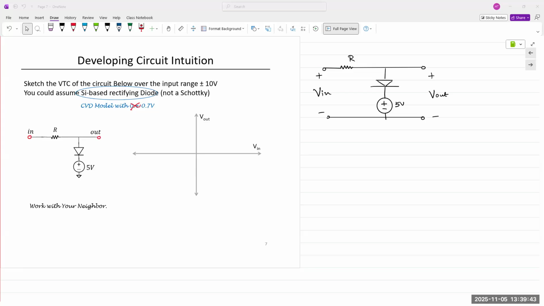Look at what is connected at the anode and the cathode of the diode, and then think about what value of voltage is required to turn the diode on or keep it off. Any ideas? Any thoughts?